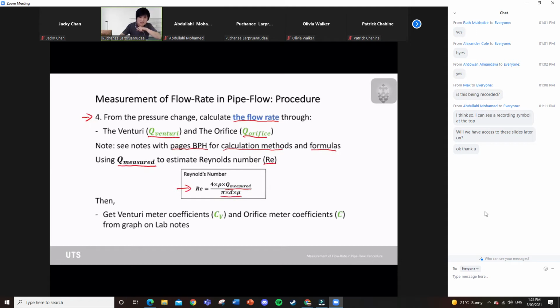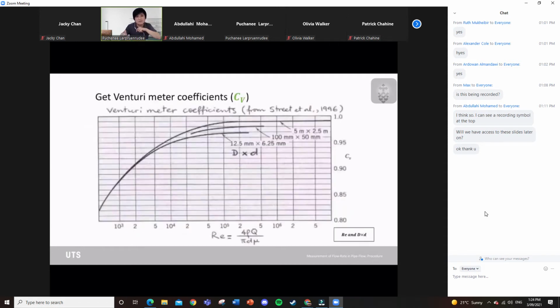And then when you get the Reynolds number, you will be able to find out CV, venturimeter coefficient, and C, the orifice meter coefficient from the graph on the left note. Here is the graph. For the CV, venturimeter coefficient, here is the Reynolds number.